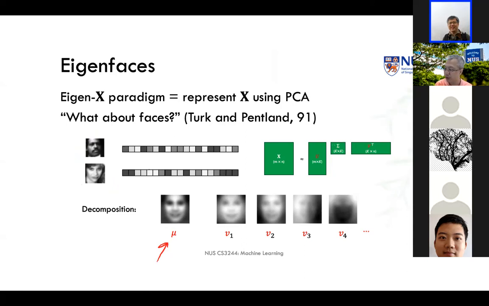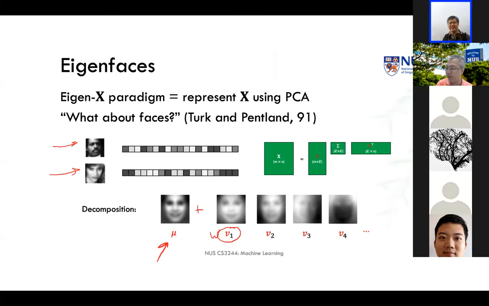So this is one dimension where if I add the mean face with some linear weight of this V vector, I will reconstruct each of these faces with some fidelity.